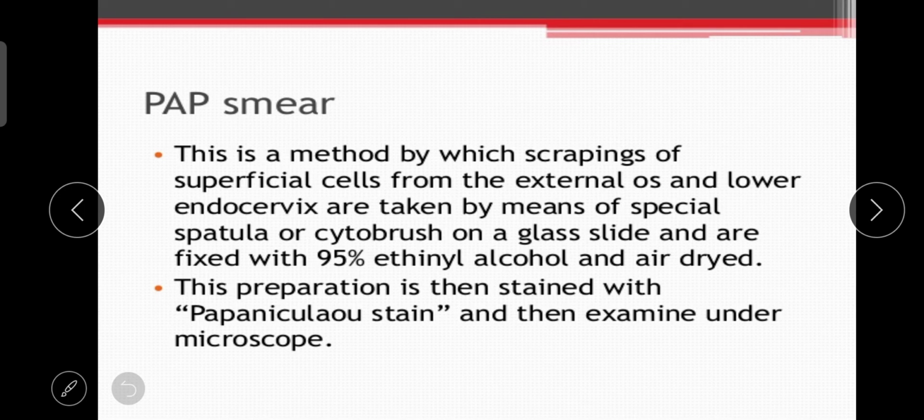In that they can find out if the woman has cervical cancer. If it is diagnosed earlier, treatment is possible. So they have to go for this pap smear scan every 5 years. In that, they collect the smear from the cervix with the help of a spatula, and they do the test to detect any cervical cancer.